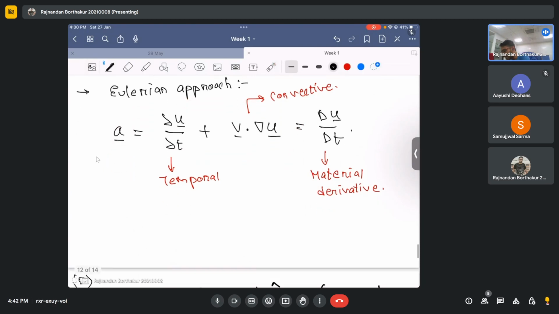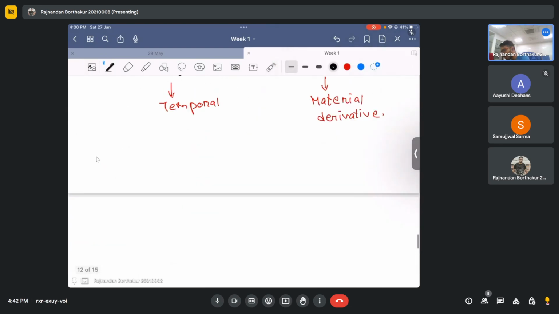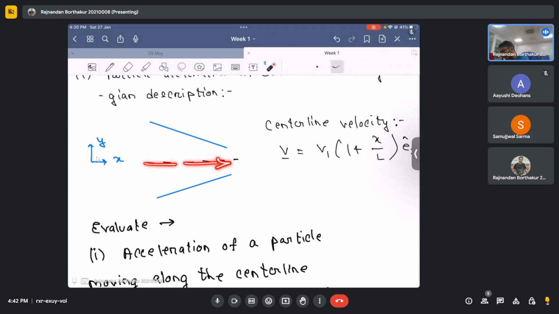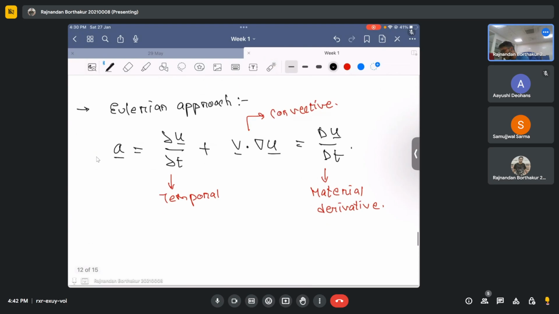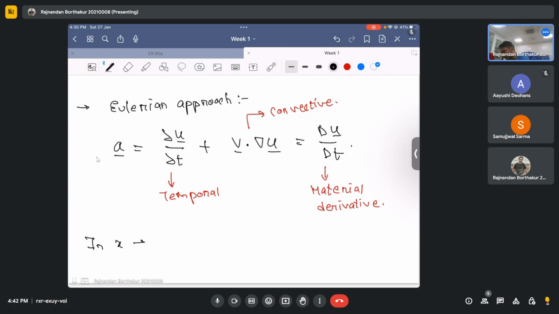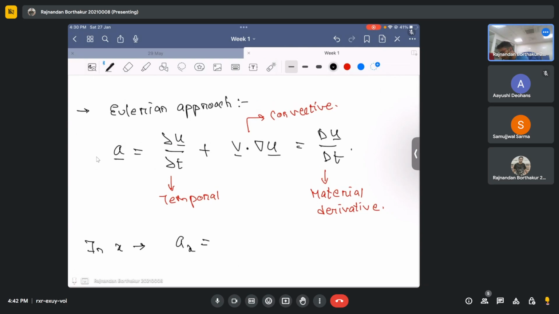Now if I want to write it in the x direction, because we seek to find the acceleration in the center line, which is in the x direction, this vector form simplifies to ax, which is del ux by del t plus ux times del ux by del x plus vx times del ux by del y plus wx times del ux by del z.